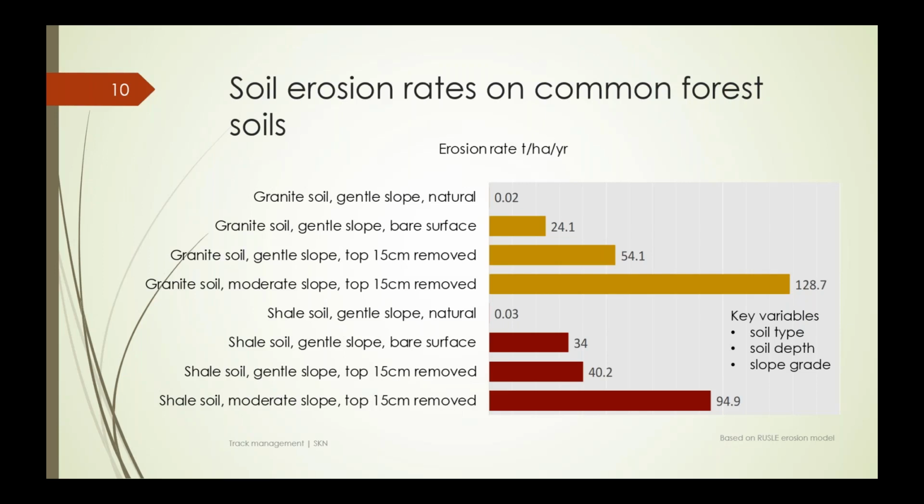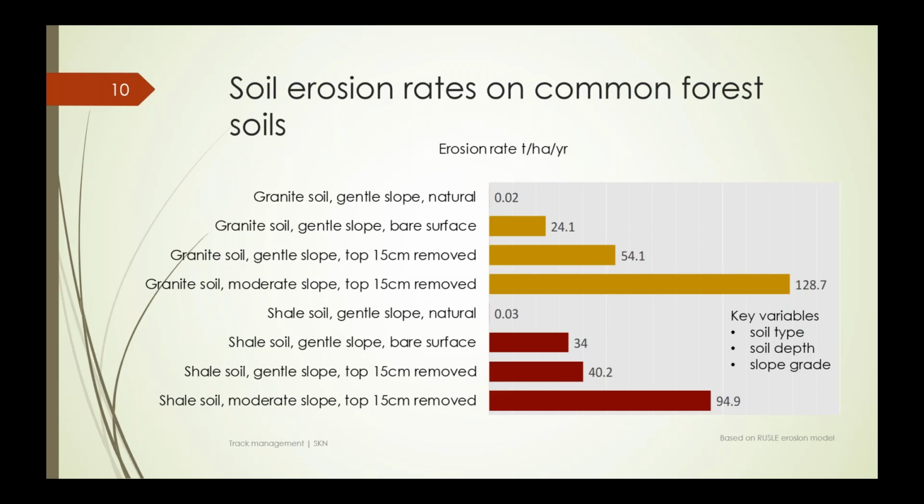If we then go to the second bar, and there it says 24.1, we've removed the vegetation, we've removed the very upper layer, if you like, that has the plant roots in it. And so we've increased the erosion rate by a factor of 100.